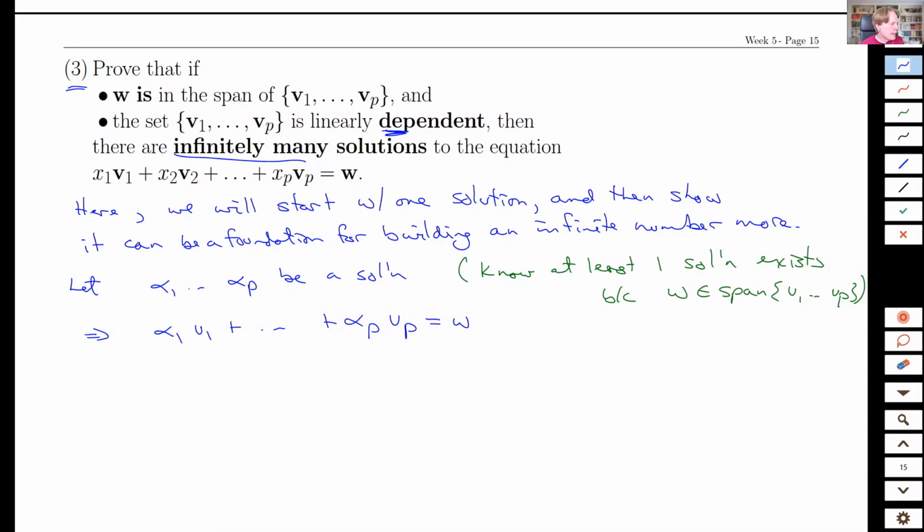All right. Now let's add some other things. Now we're going to use our linear dependence.